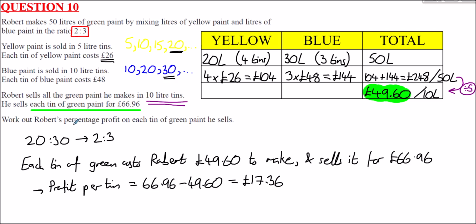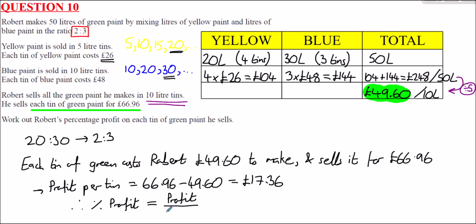We want to work out the percentage profit. So for percentage profit, same with percentage change, it's a general formula. Percentage change is the change divided by the original multiplied by 100. In terms of percentage profit, it's the actual profit made as a ratio of the cost, essentially.